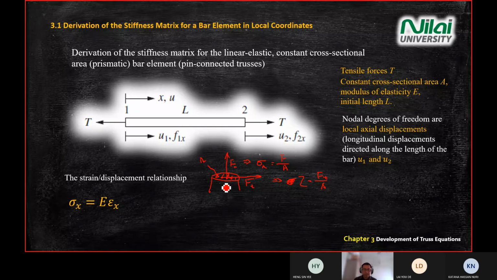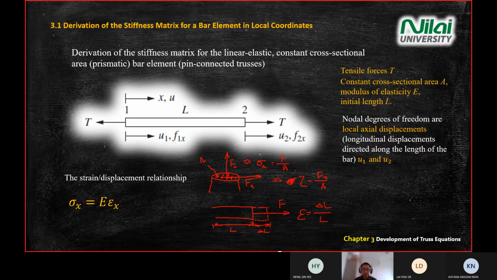And if the object elongates after pulling, let's say this is the original length, and there's an elongation, delta L, then your strain will be the change of length divided by the original length.